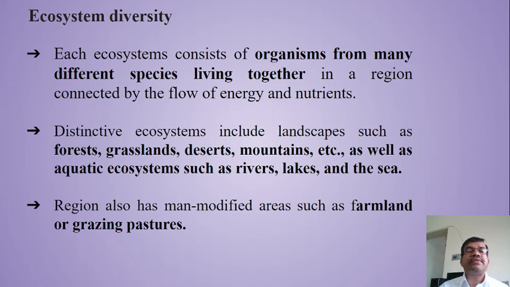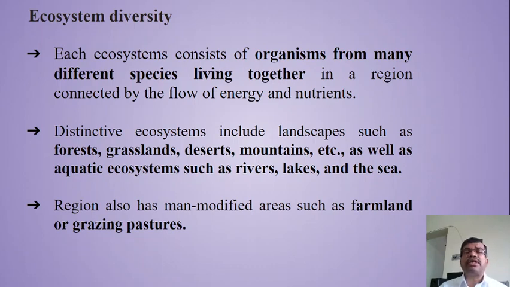And ecosystem diversity is the different types of ecosystems that are there on the earth. It can be a forest, it can be a grassland ecosystem, desert ecosystem, mountains, and some aquatic ecosystems like rivers, lakes and the sea.